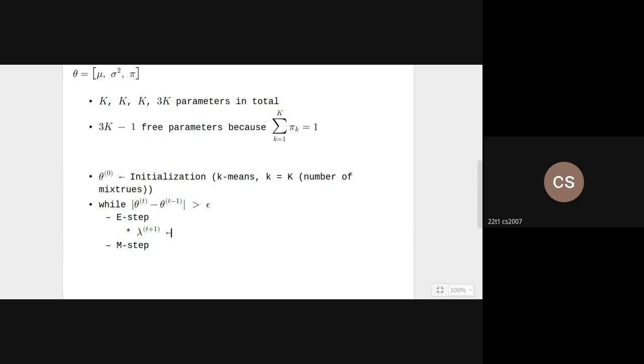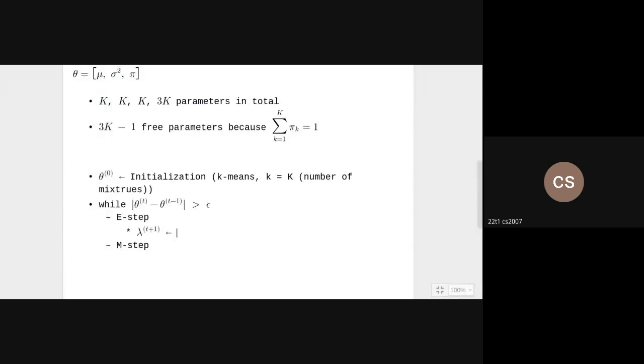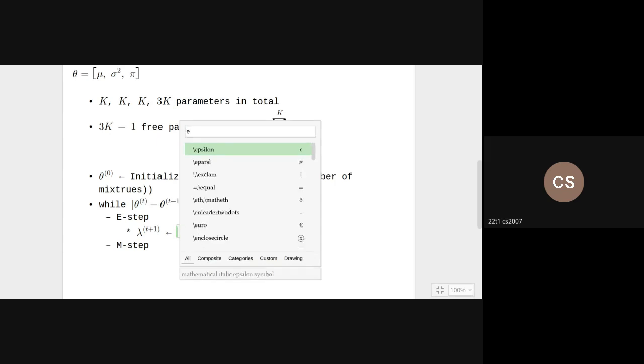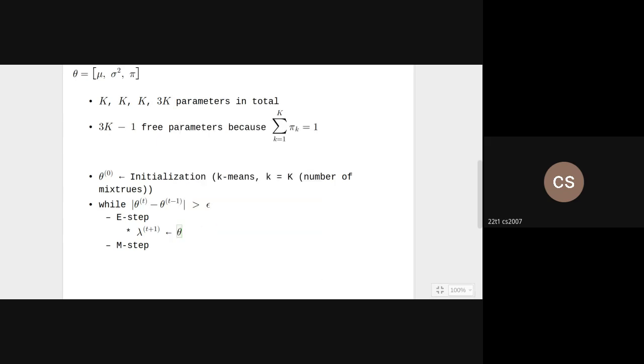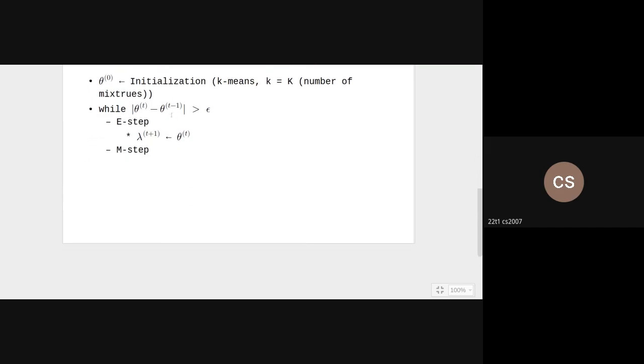It will get this from the theta values, the theta values at time step t. Let me know if you are following this. So that is what the E-step does. Use the current estimate theta t to give me the next estimate lambda t plus 1.